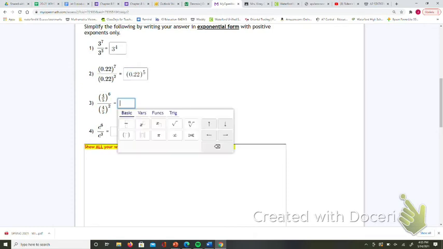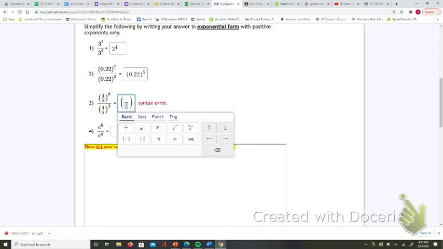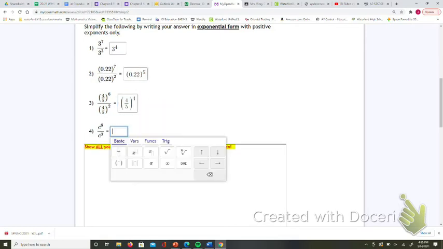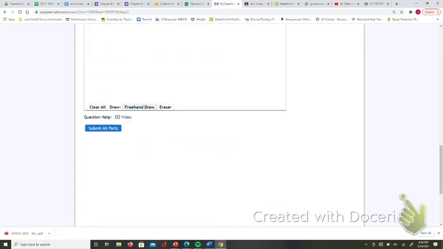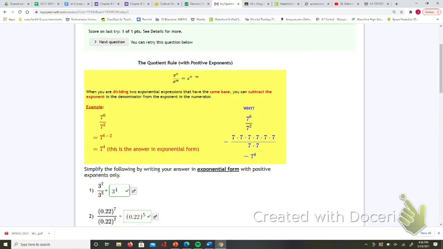Then on number 3, remember, if it's a fraction, you're going to hit the parenthesis, and then the fraction, and then you're going to type the numerator, which is 4, and the denominator, which is 5, and then put your cursor outside the parenthesis, hit the exponent button, and it was 4. And then on this one, we have c, and then the exponent button, and then 3. And then we submit.